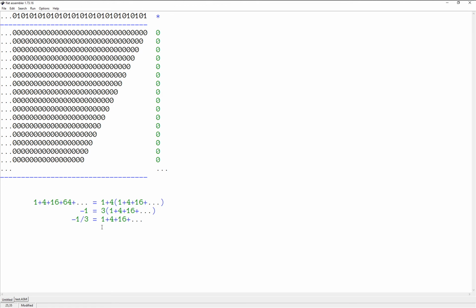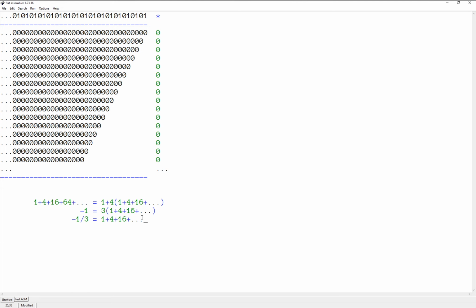So we have a two-adic number that seems to be some kind of fraction. We can check it. If we multiply it by 3, we should get -1.